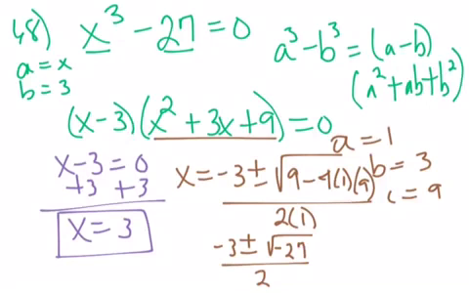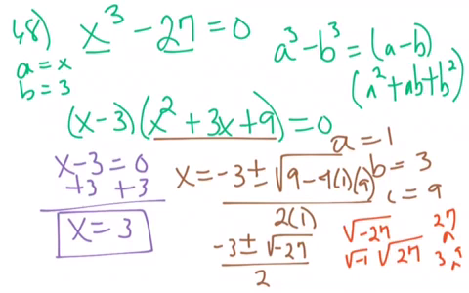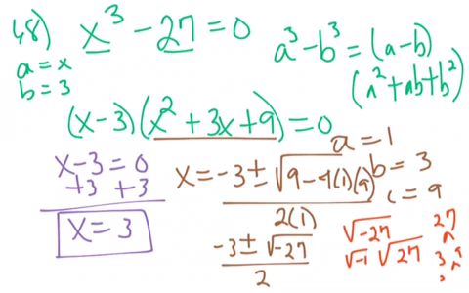And if you'll remember, the square root of -27 is the square root of -1 times the square root of 27. But 27 is not prime, it's 3 times 9, which is 3 times 3. So for every 2, take out 1.